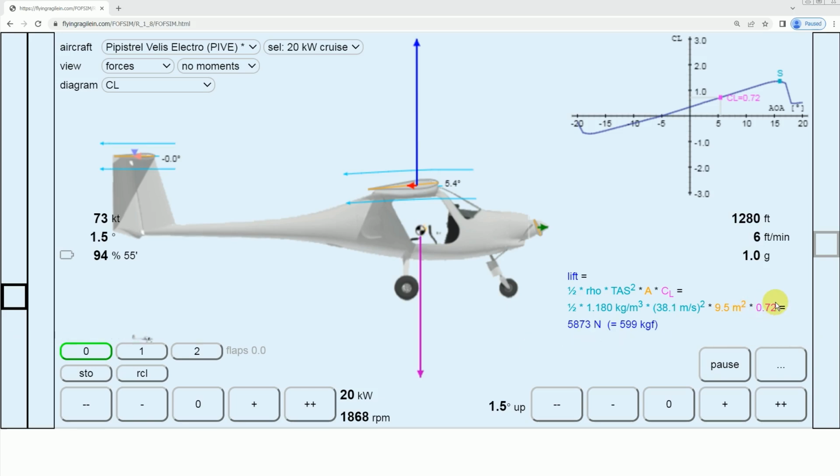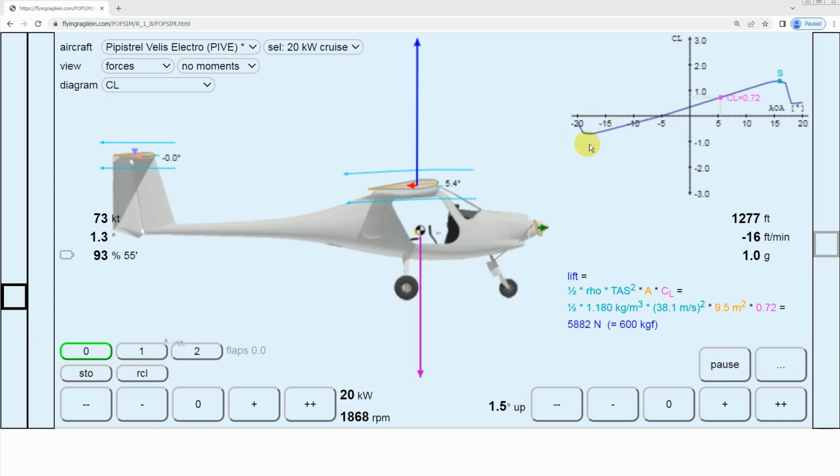And finally the pink part is the so-called coefficient of lift, or CL, which depends on the shape of the wing and the current angle of attack. It is taken from the CL diagram, which shows the coefficient of lift for each angle of attack.